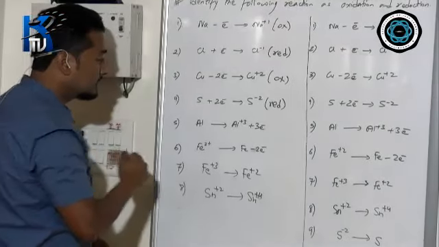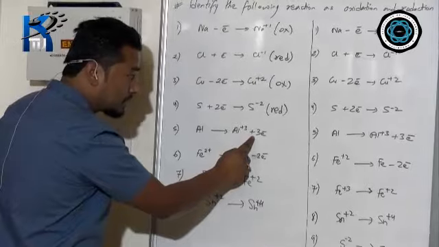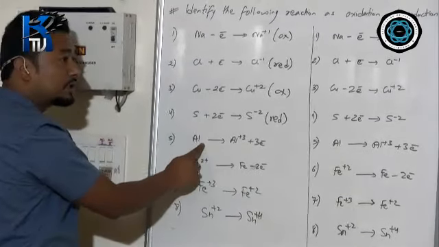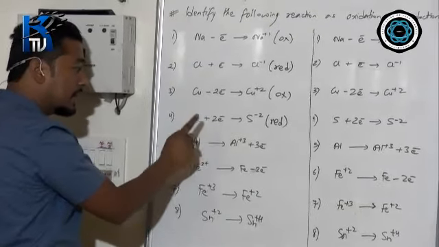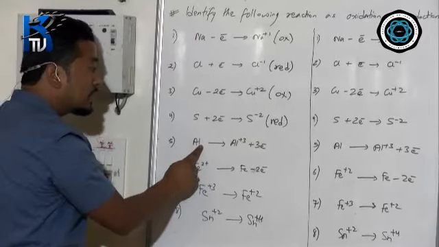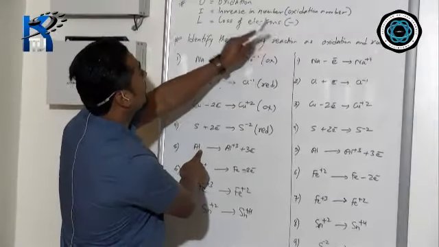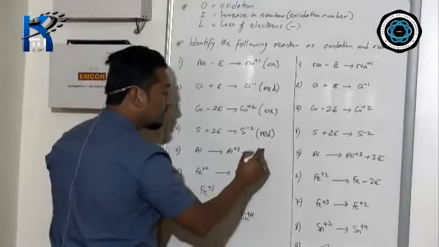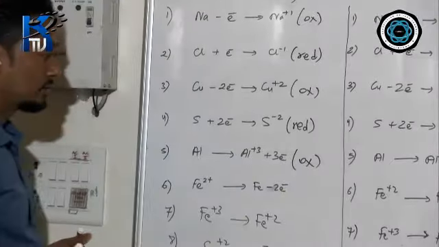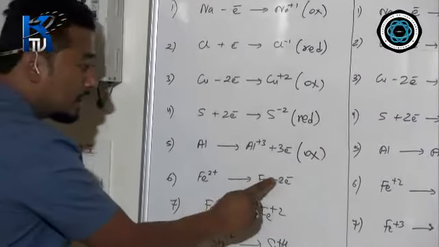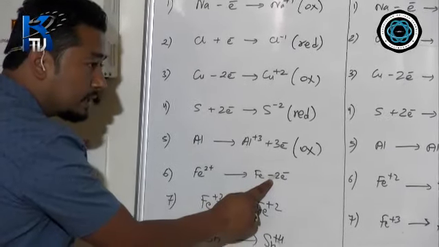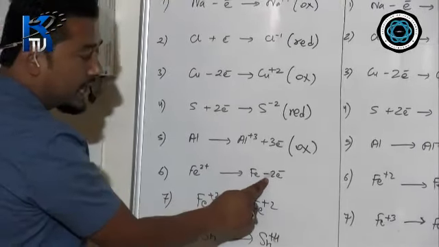Now let us see here. Plus electron is in the product side; bring it to the reactant side, change the sign. So plus becomes minus, and minus in the reactant side means loss. Loss means oxidation, so it is an oxidation reaction. In this case, again the electron is in the product side. Don't determine oxidation or reduction directly right now.